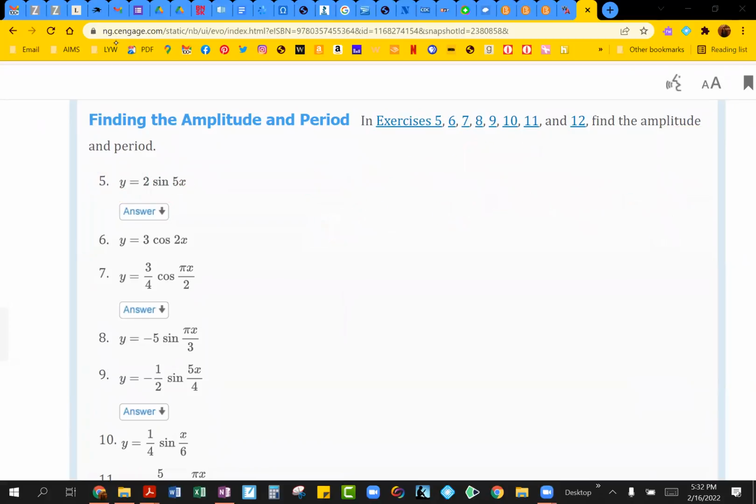Same thing if we did, let's use number 8. The A value will be the absolute value of -5. So the A is actually going to be +5. That's the amplitude.